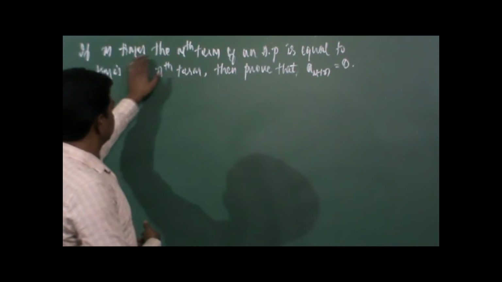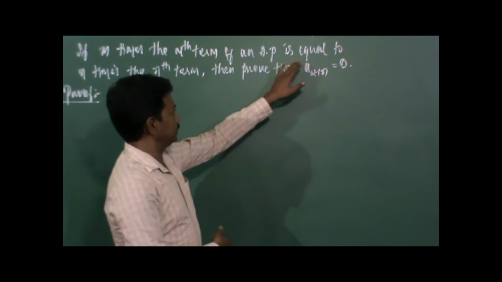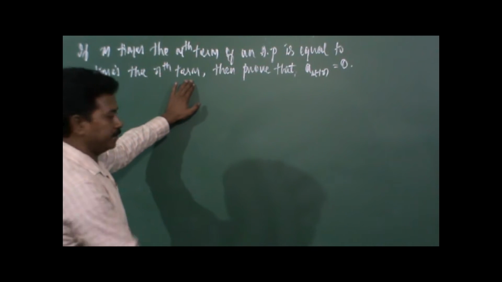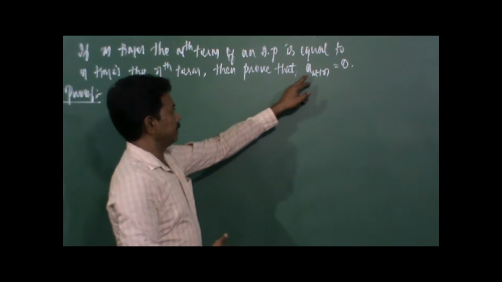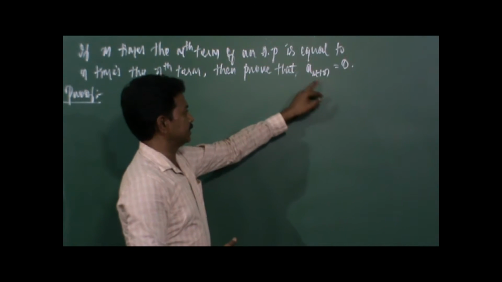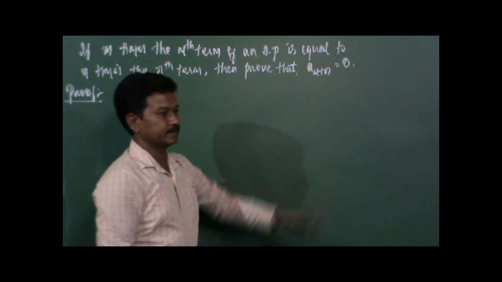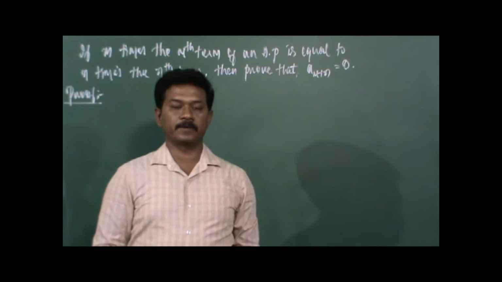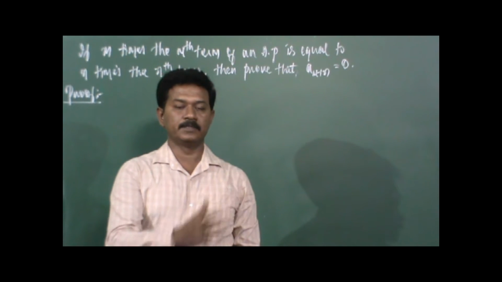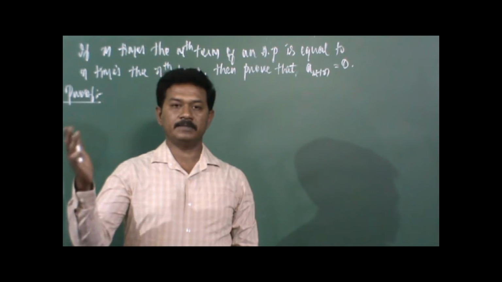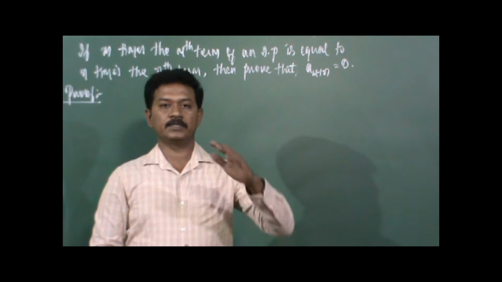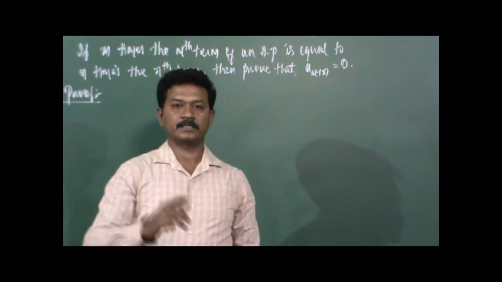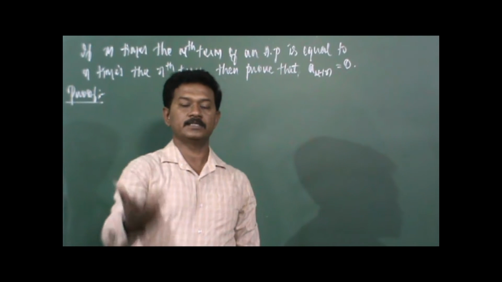So if m times the mth term of an AP is equal to n times the nth term of the same AP, then prove that the (m plus n)th term is 0. If you want to understand this problem with numbers, you can go with this: if 7 times the 7th term of an AP is equal to 10 times the 10th term, then prove that the (7 plus 10), that is the 17th term of that AP, is 0.